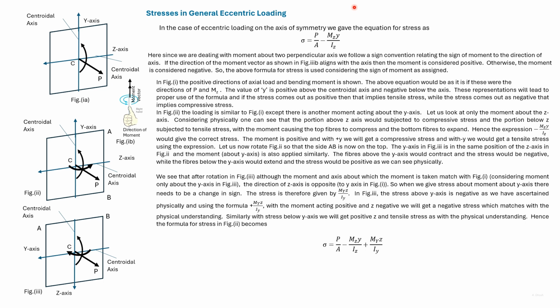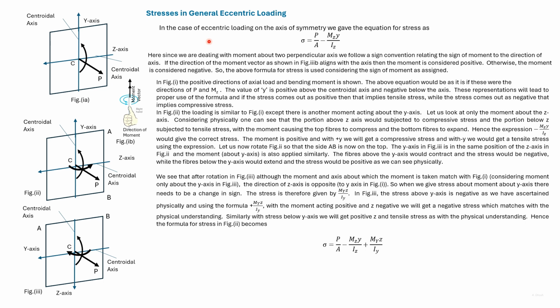We discussed eccentric loading on the axis of symmetry, and the stresses were given using this expression for a tensile load P and a moment acting as shown. The moment caused compressive stresses on the top portion and tensile stress on the bottom portion.